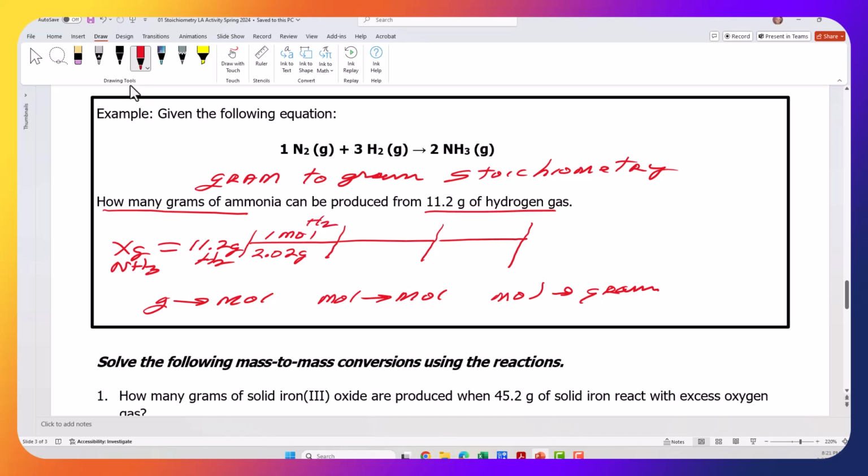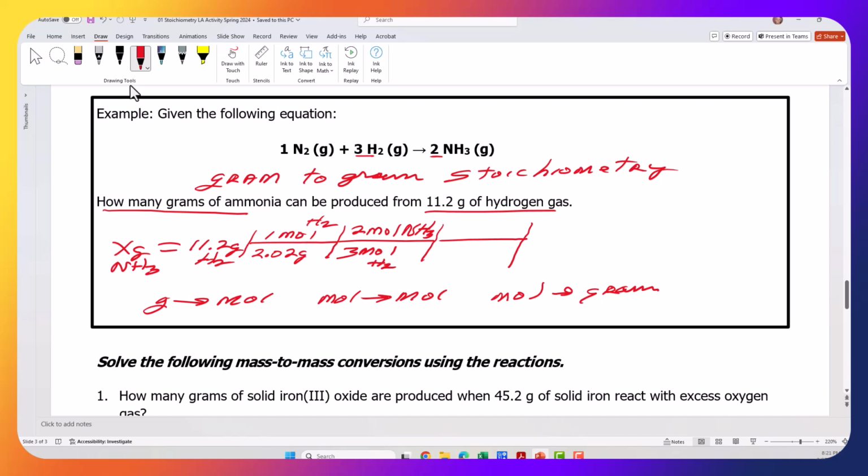And then the mole to mole ratio, I go up here and I say, 3 moles of H2, and that takes us from H2, and then 2 moles of ammonia. We want to wind up with grams of ammonia, so in the mole to mole ratio, the moles of ammonia coefficient goes in the numerator, not the denominator.